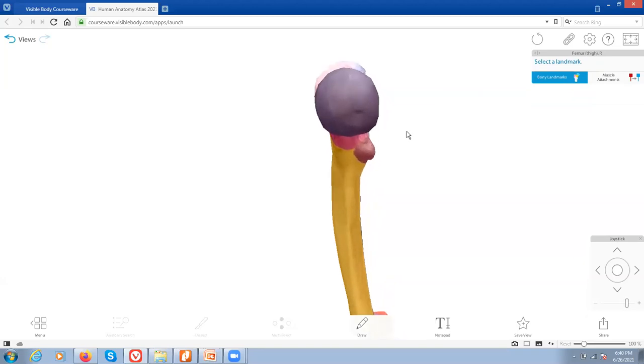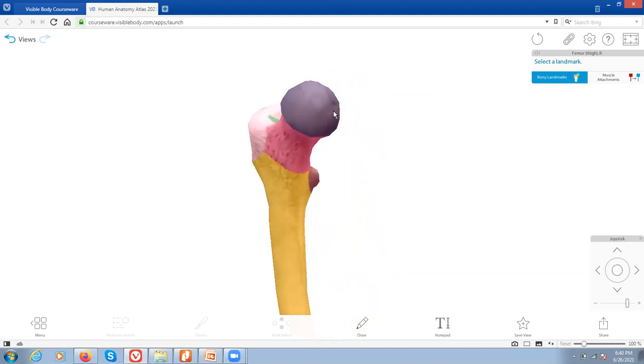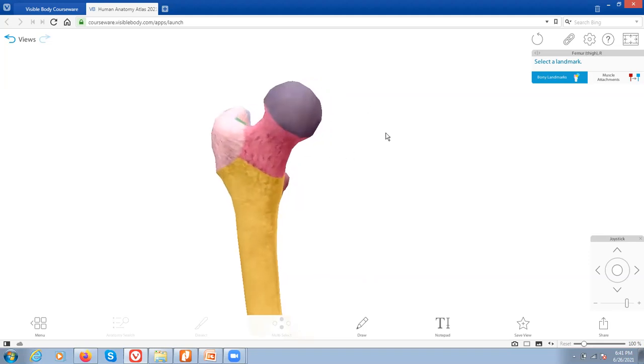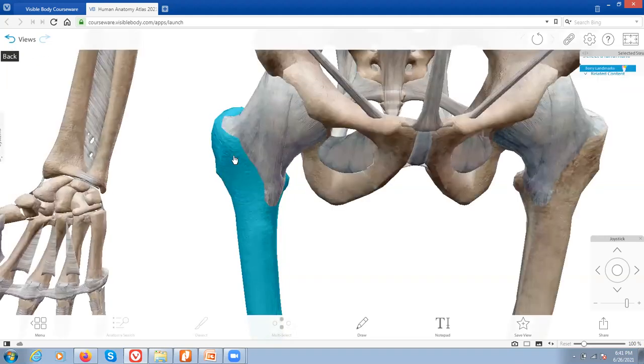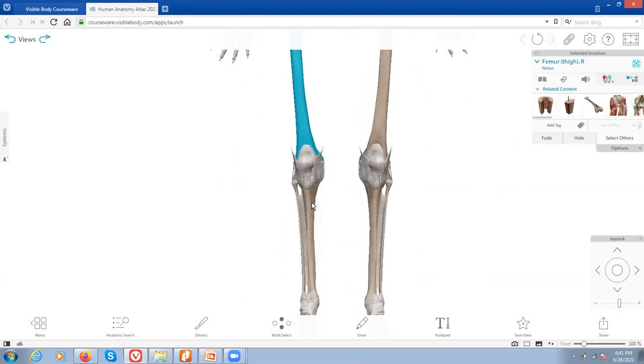So it's not named, but there is a little groove here, a little hole that's called the fovea. It's just another place where a ligament can help keep this joint connected to the acetabulum of the os coxa. So that's your femur. Now let's move on to lower leg.